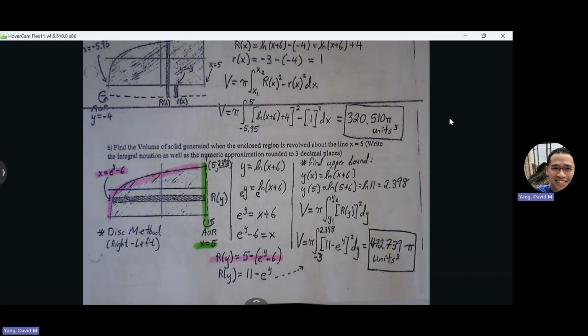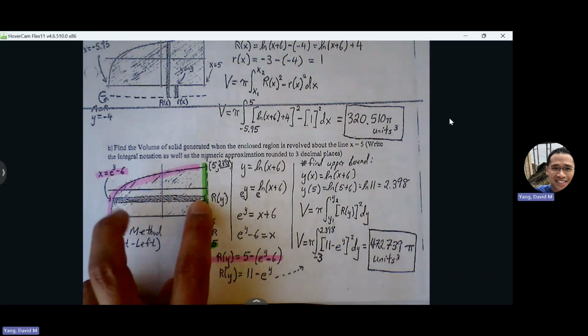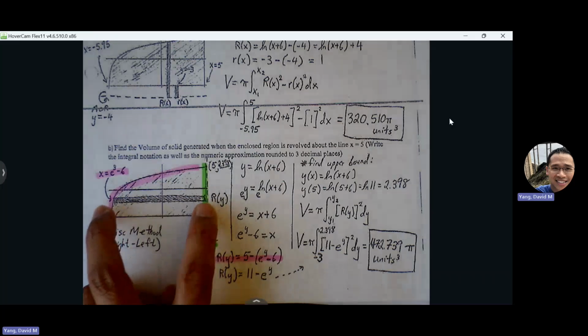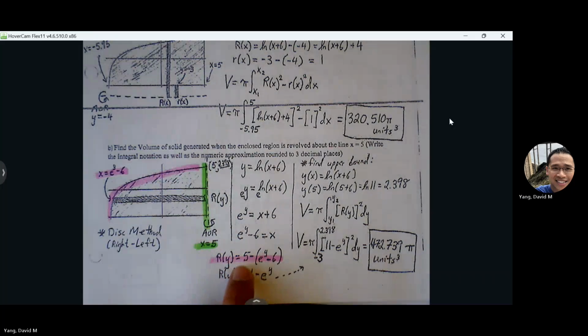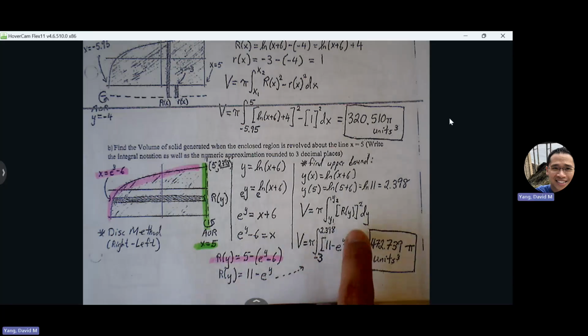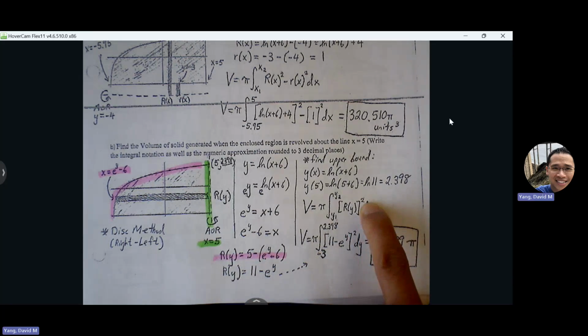Wait, do the numbers only come first when it's horizontal? Because on that one it was okay. I always do right minus left, but having said that, it doesn't matter which one you do first because it's always getting squared, so it's always getting protected.